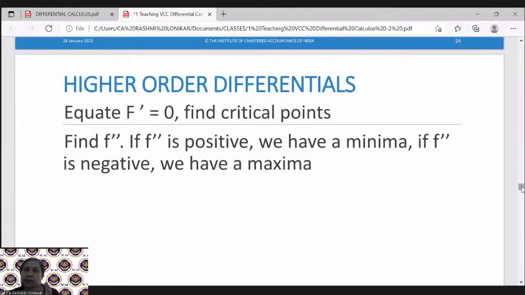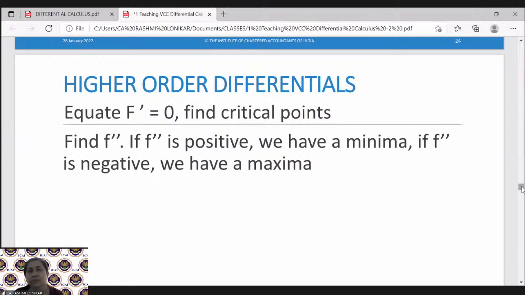Now, when I find the second derivative and substitute these values of x, that is the critical values, if after substitution the value comes to positive, I say I have a minima. If I have a negative value, I say it is a maxima.